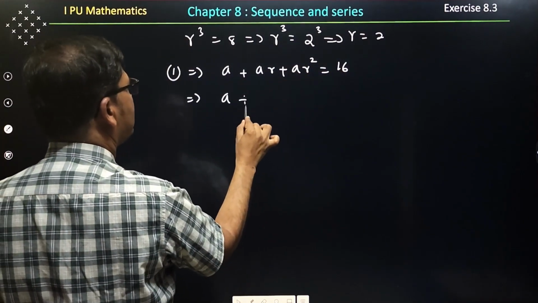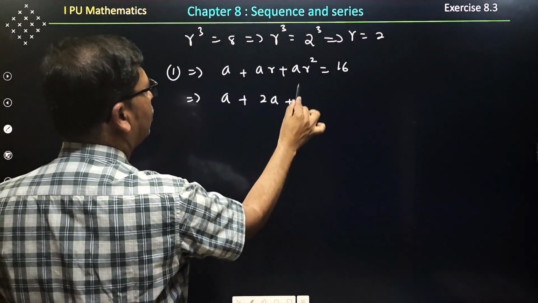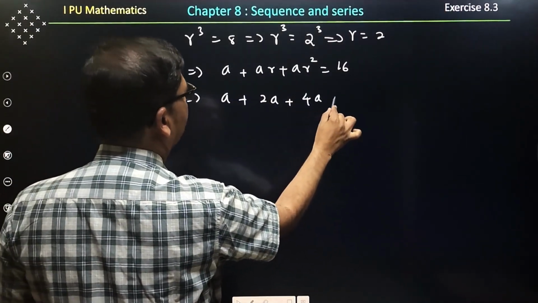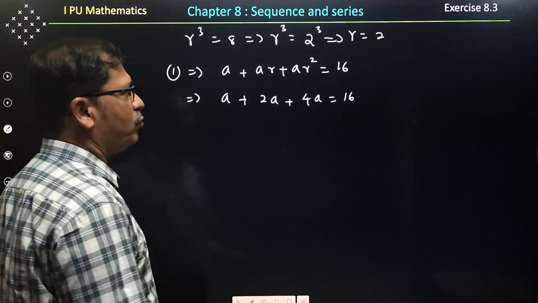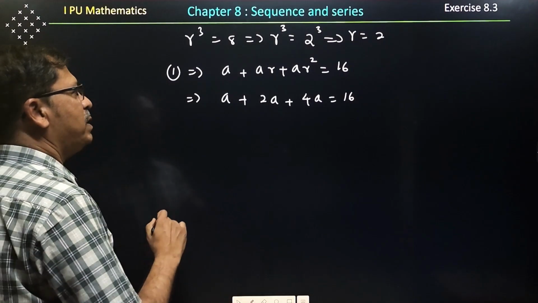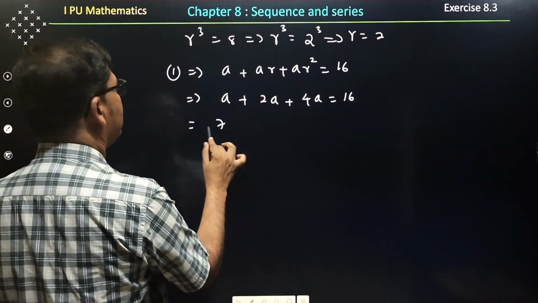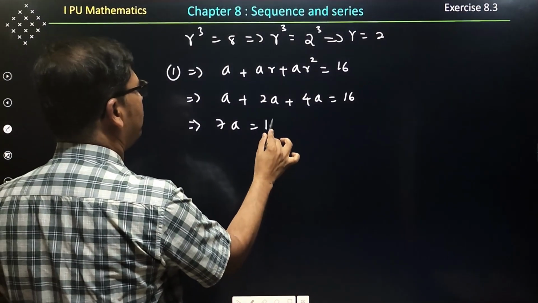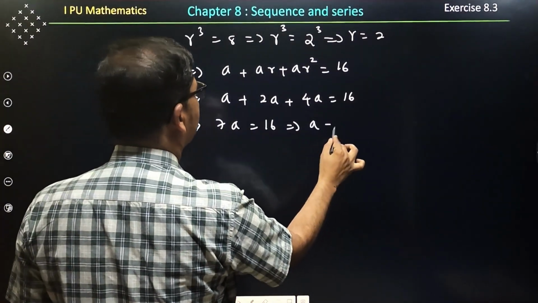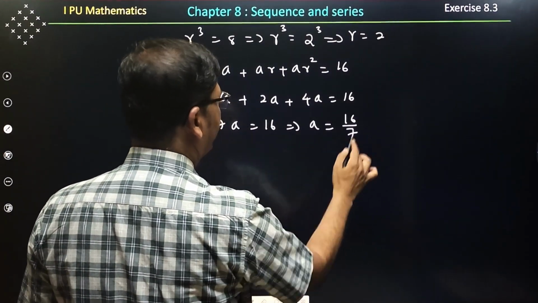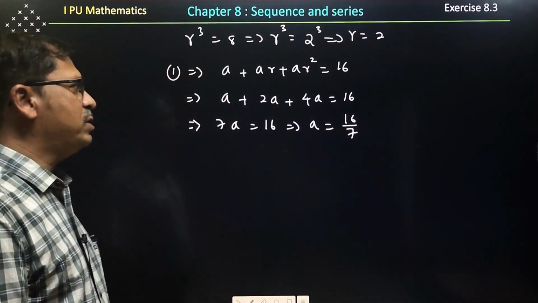A plus 2A, 2 square is 4, this becomes 4A, equal to 16. 2 plus 4, 6 plus 1, 7. 7A equal to 16, it means A equal to 16 upon 7. The first term is 16 upon 7.